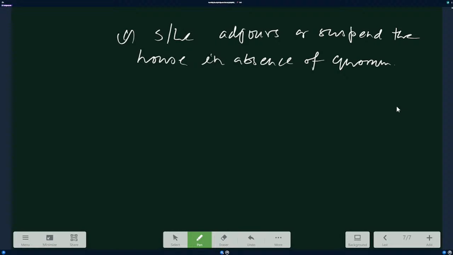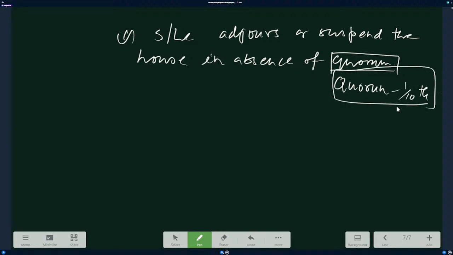What is quorum? Quorum means the minimum number of members to be present in the House to start the business of the House. It is one-tenth. That means if the strength of the Lok Sabha is 543, what would 10% be?